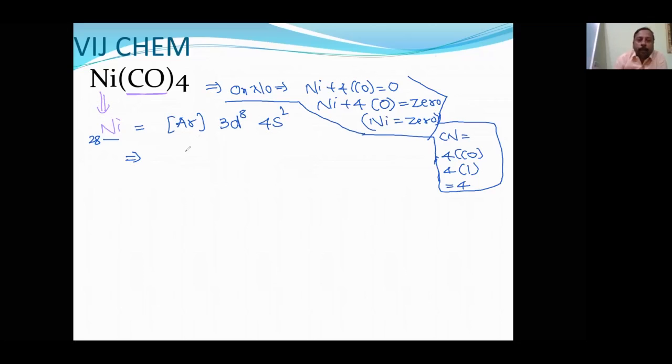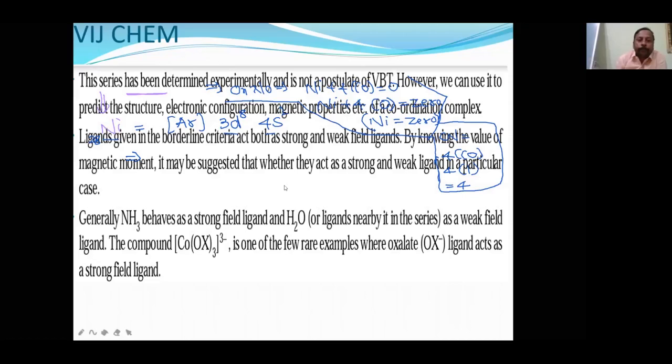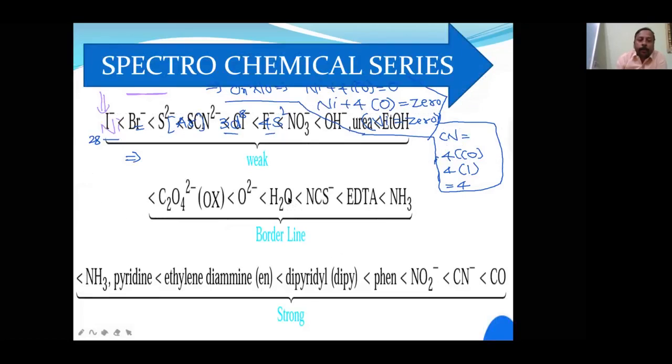Now let us take the 3d8 and 4s2. Now it's time to go back. Why this carbon monoxide? That's why I told you it will be useful in understanding.